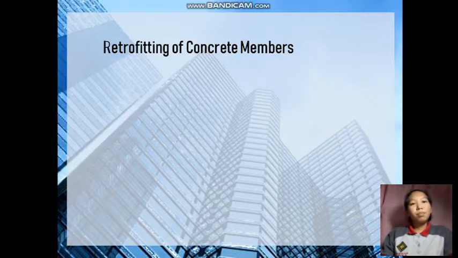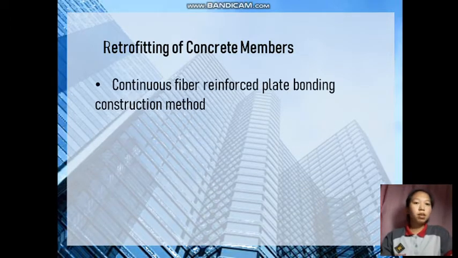There are some methods for retrofitting of concrete members, including the continuous fiber reinforced plate banding construction method. This is banding continuous fiber reinforced plates to the surface of the existing structure to restore or improve load carrying capacity.